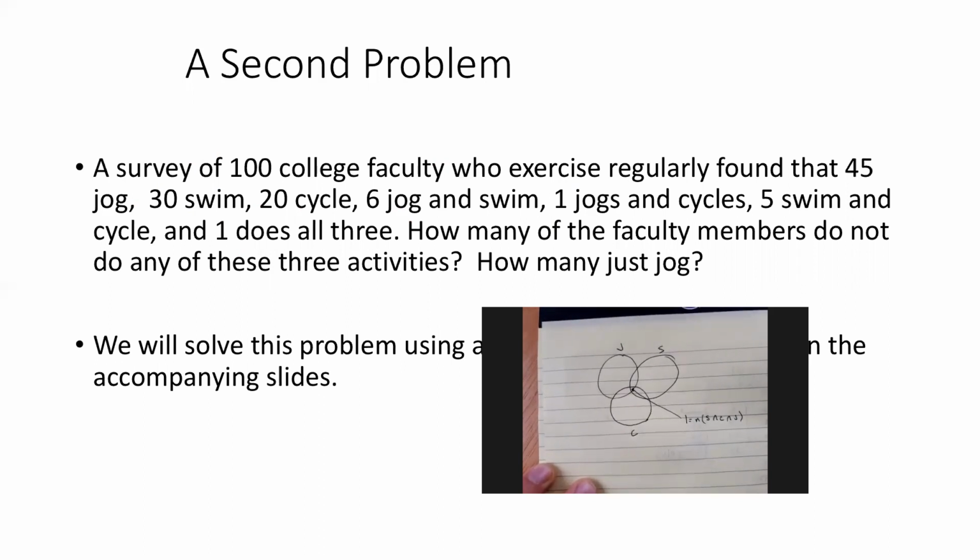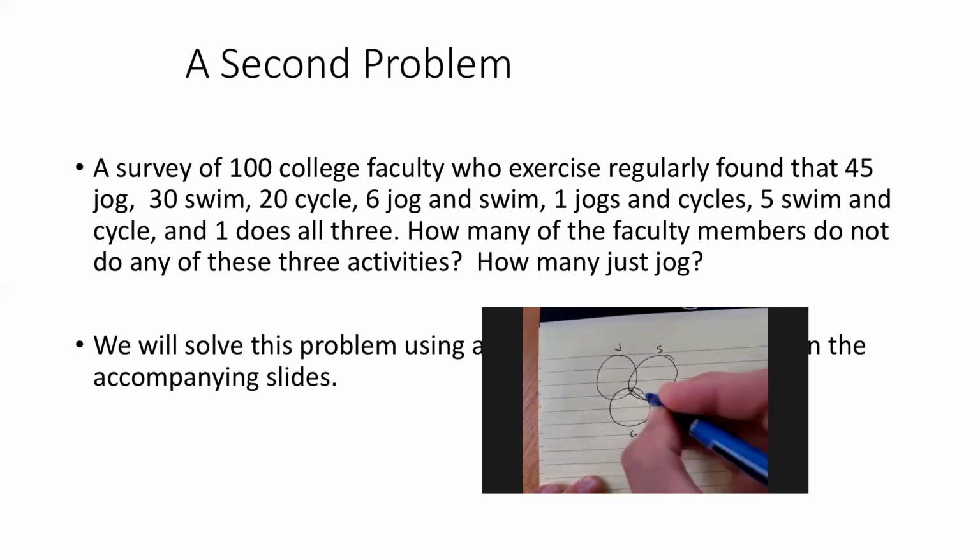Now the next thing we know, if we work backwards, is 5 swim and cycle. So the number that swim and cycle is equal to 5, which is actually this football here, which means that this spot right here is 1, and then this is 4 right here.